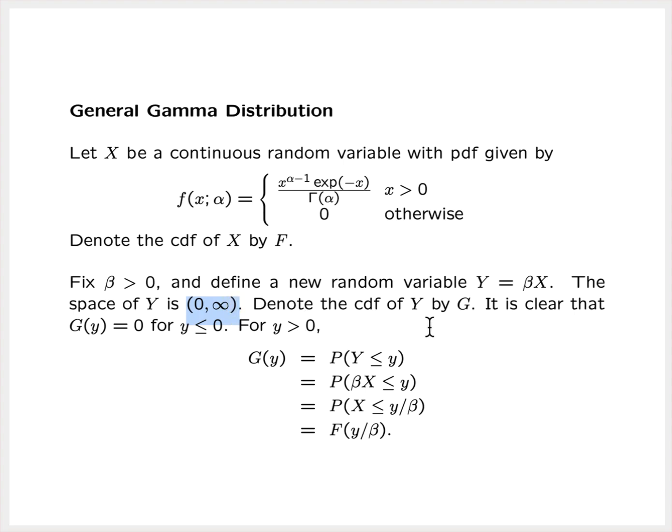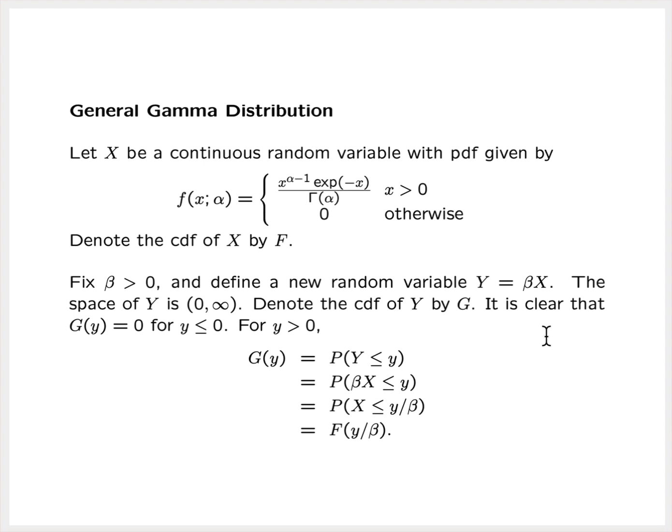Now, what we want to do here is find the distribution of y. We want to find the CDF and the PDF, and we're going to use an approach that we used previously when we looked at the exponential distribution and the normal distribution.